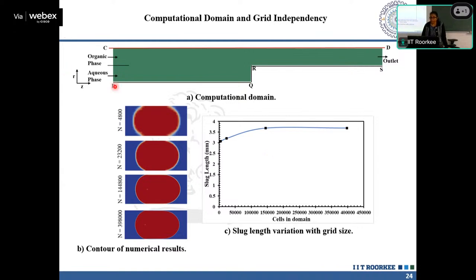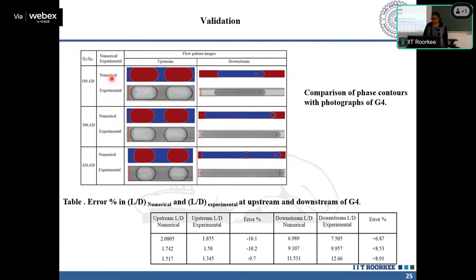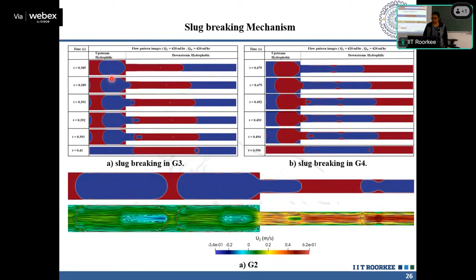What we change here is the contact angle of upstream and downstream. The rest is the same as the other simulation. Again, we go for validation. This is the case we have studied. So this is the slug, this is hydrophilic, and this is hydrophobic.